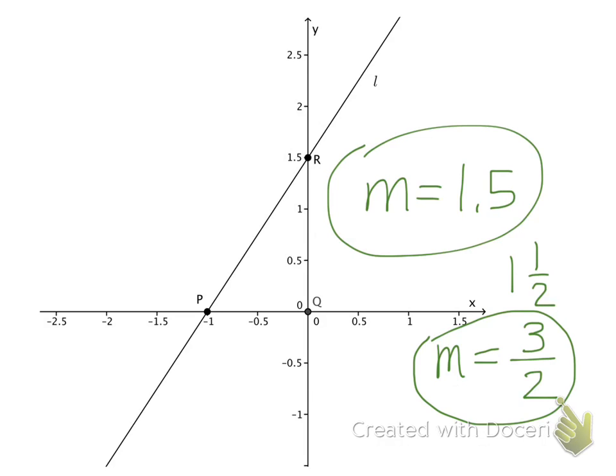Now what you might notice, from writing those ratios before, is that if I draw the grid lines on this, to move from point P to point R, I need to go up 3 and over 2. So there's that ratio again that we were looking at that indicated the steepness of a graph. All right, let's move on.